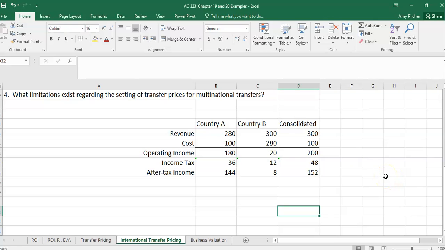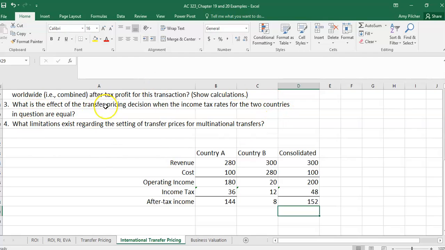If you remember, the original income tax was $80 per unit, and the after-tax income was $120 per unit. So we've reduced our income tax effect and raised our after-tax income.